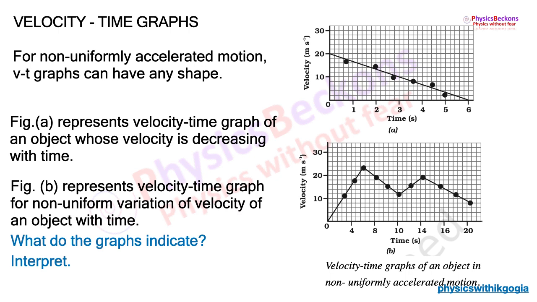So, you have to remember, you have to interpret the type of motion by studying the graphs. We can recall the distance time graph. If it is a straight line parallel to the time axis, then the body is at rest. If the distance time graph is a straight line non-parallel to the time axis, then the body is moving at a uniform rate, or it is in uniform motion.